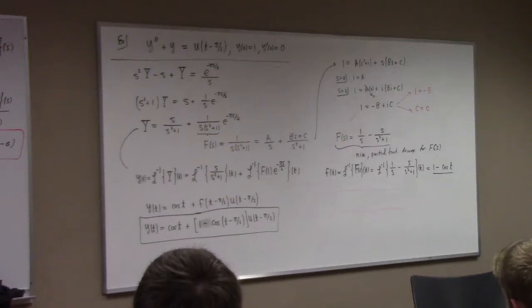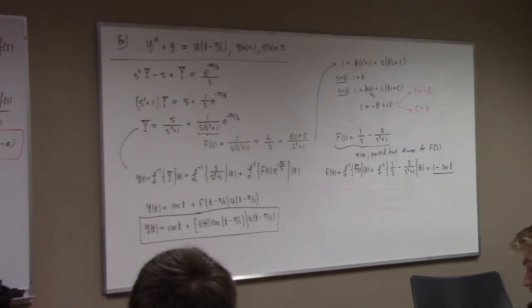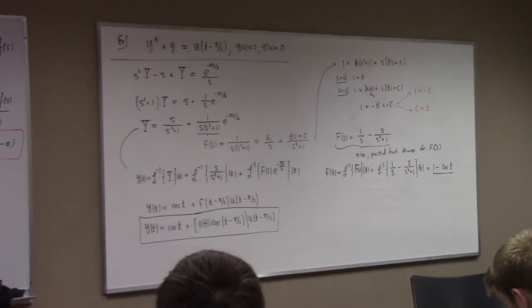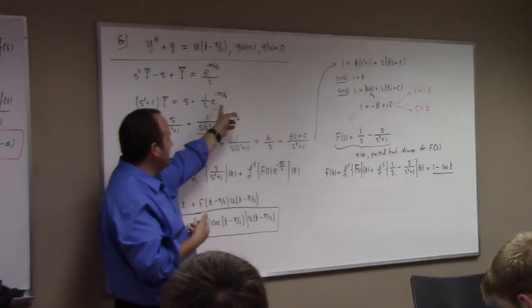I know I've showed you a lot of new toys today, but I hope the method is clear, even if the calculations are worrisome. The method is simply this. We take the Laplace transform of the differential equation, and then we do algebra to solve for big Y, and then take the inverse transform to get back. The new thing here is that when you have discontinuous functions, you end up generating these e to the minus as terms.